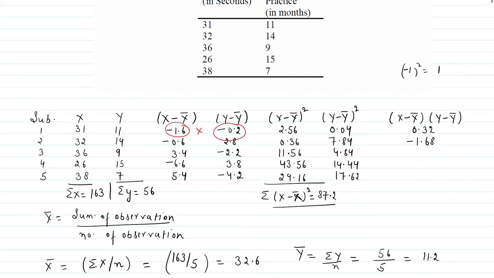So 3.4 multiplied by minus 2.2 is minus 7.48. Next, minus 6.6 multiplied by 3.8 comes out to be minus 25.08, and the last one is 5.4 multiplied by minus 4.2, that is minus 22.68.